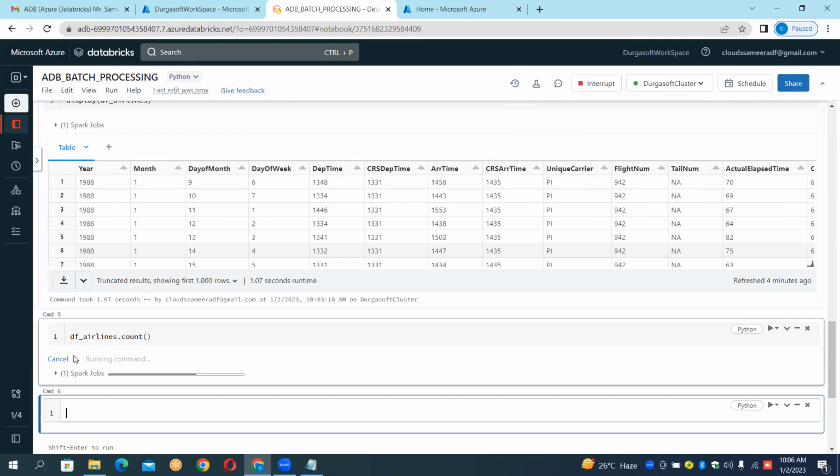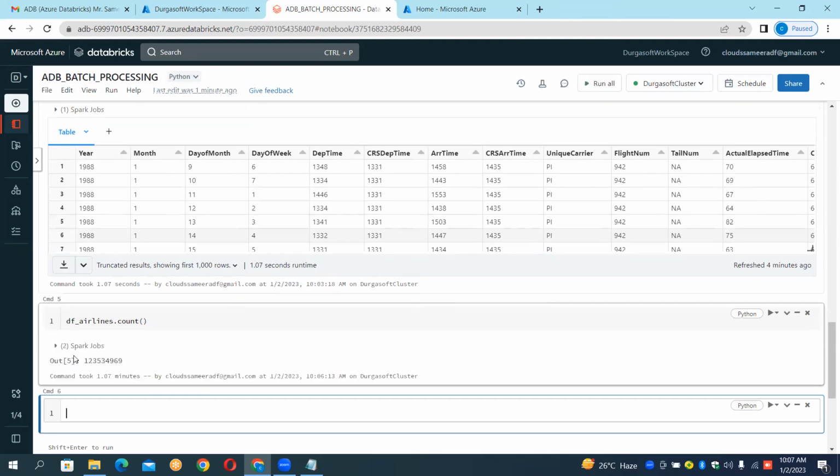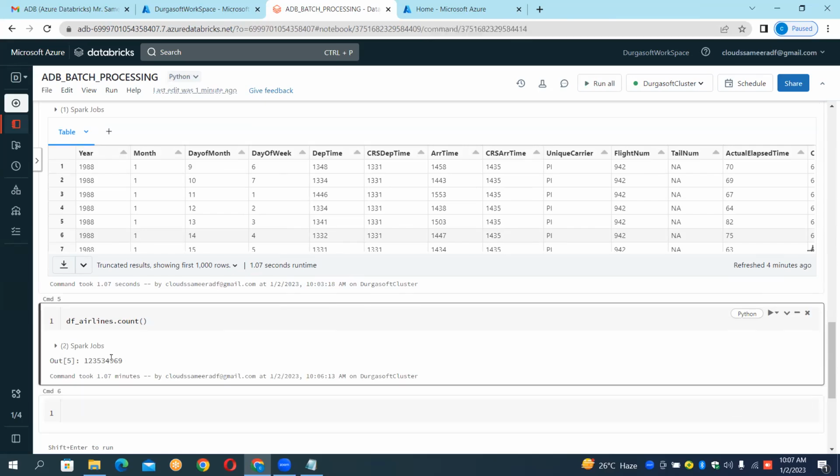See, the count means some 12 crores of data you have. That's the reason why it's taking this much time. You know that, guys? See here. Can you see? 12 crores, 35 lakhs, 34,969. Getting my point, everyone? Very massive amount of data.